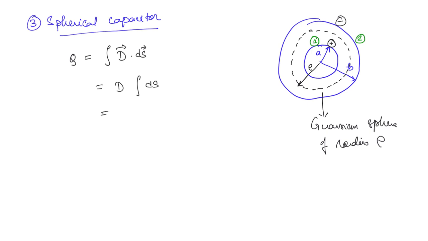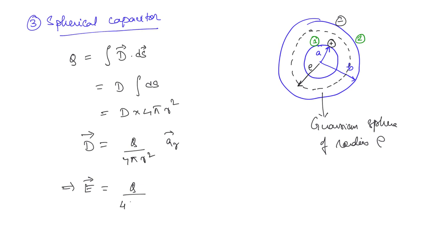What will be the total surface area of the sphere? 4 pi r square. So d is Q by 4 pi r square. In vector form, it is in the radial direction, a r bar. From here you will get the electric field E bar equal to d bar by epsilon, so Q by 4 pi epsilon r square a r bar.